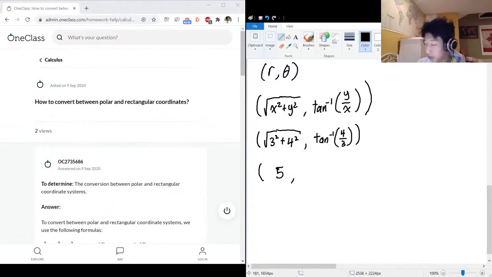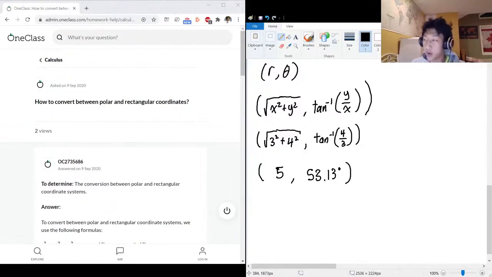And what's the angle going to be? Well, mental math of inverse tangents is a little more difficult. So I'm going to pull out my handy dandy calculator, and do the quick calculation of inverse tan of 4 divided by 3. It's about 53 degrees. 53.13 degrees.